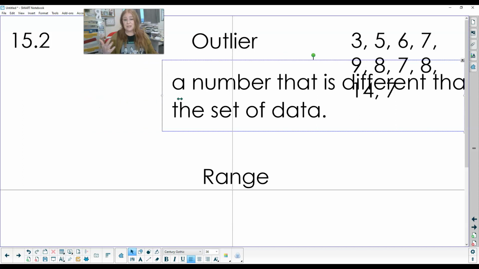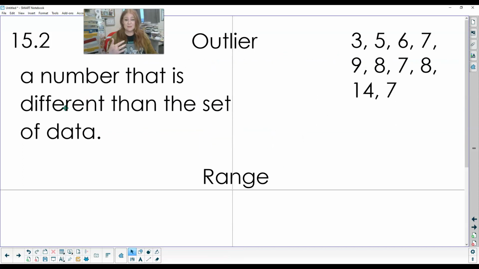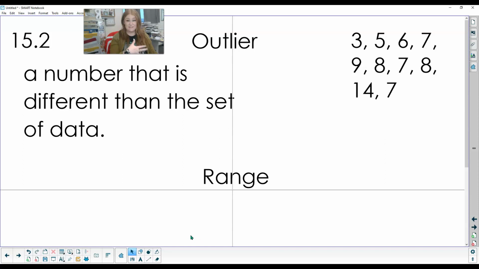Most of them are going to be grouped together, and then you'll have one that's maybe different. On the dot plot, I can see here, right, if I'm putting these on a dot plot, 3, 4, 5, 6, 7, 8, 9, and then I'd have 10, 11, 12, 13, 14. I'd have this big space here, and then 14. So I've got that big gap there.